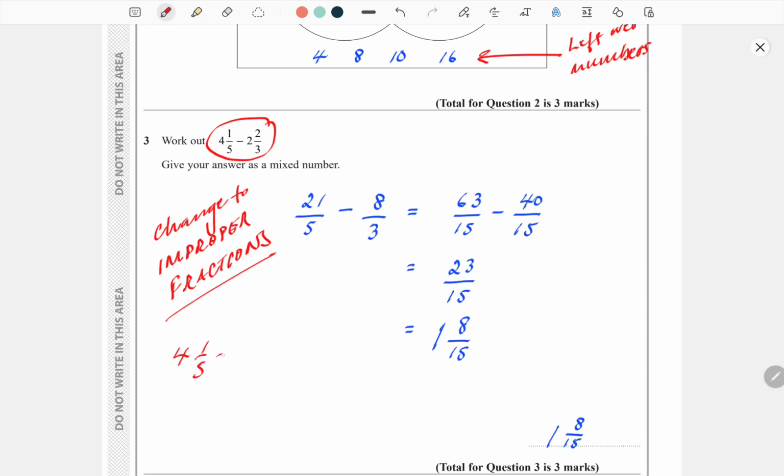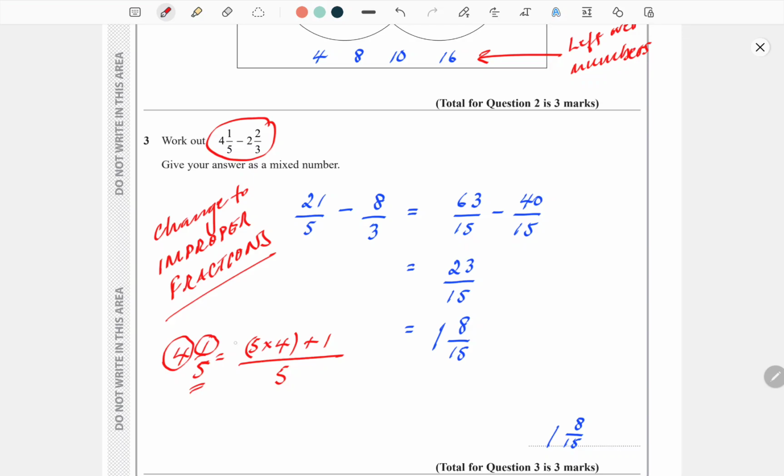Just to give you a little revision of that, sorry. Multiply the denominator by the integer, all right? So 5 times 4 plus the 1 that we have on top already, plus 1, and then everything stays over the original denominator of 5, all right?